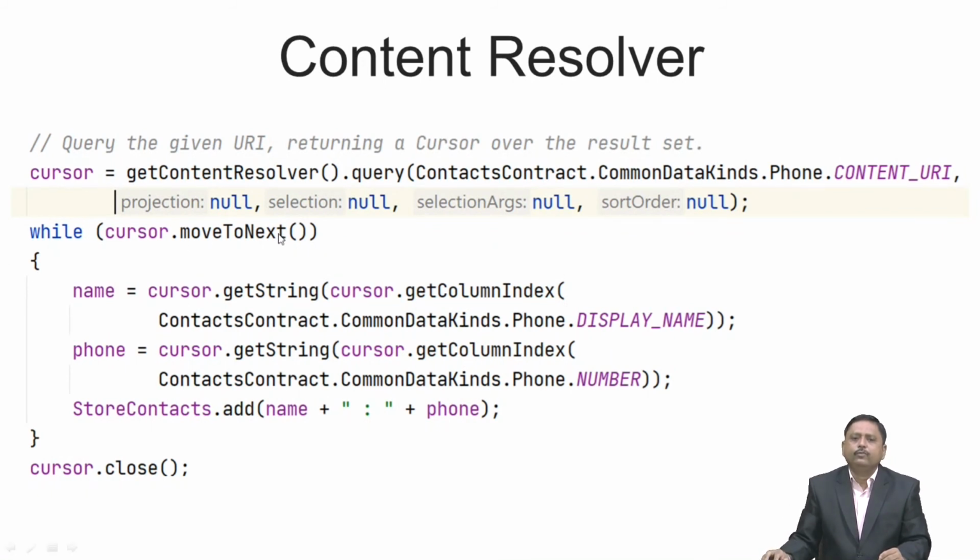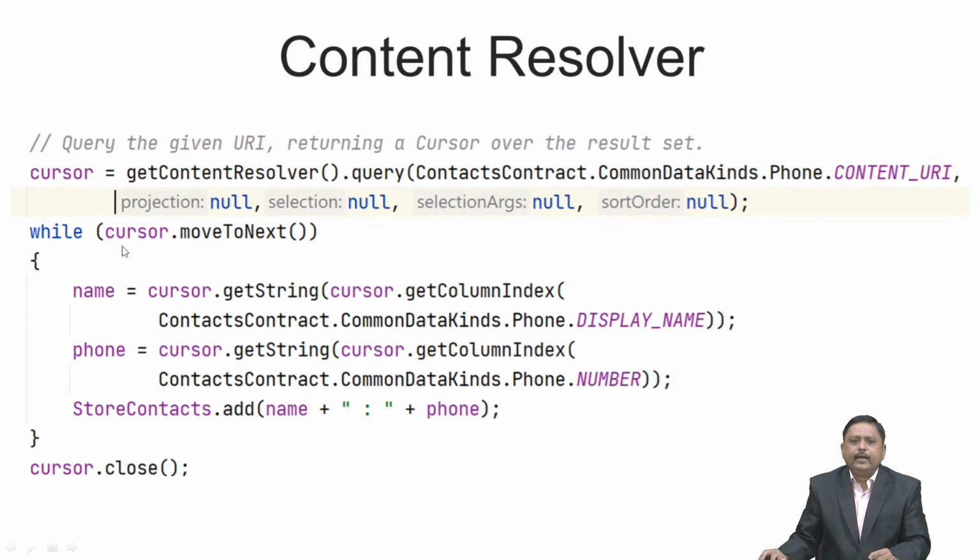If I want to filter or give some selection criteria, then I can provide this selection. If there is a selection, we have to provide selection arguments, and we can also specify the order of a particular field in which I want to retrieve the data.